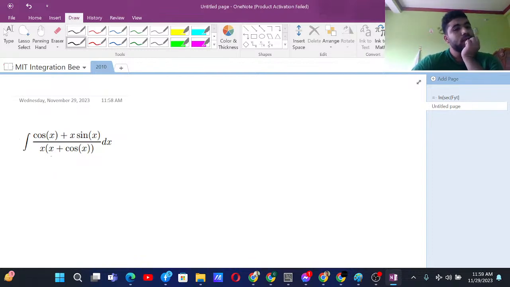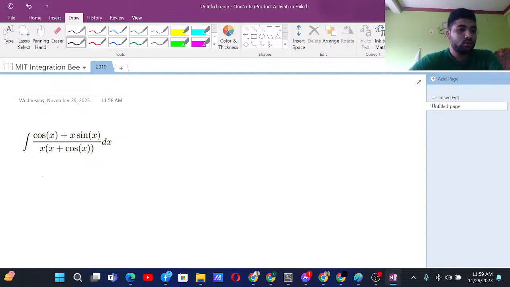If we just take minus x minus sin x. Okay, so we can basically dissolve this expression into the sum and derivative of this expression.